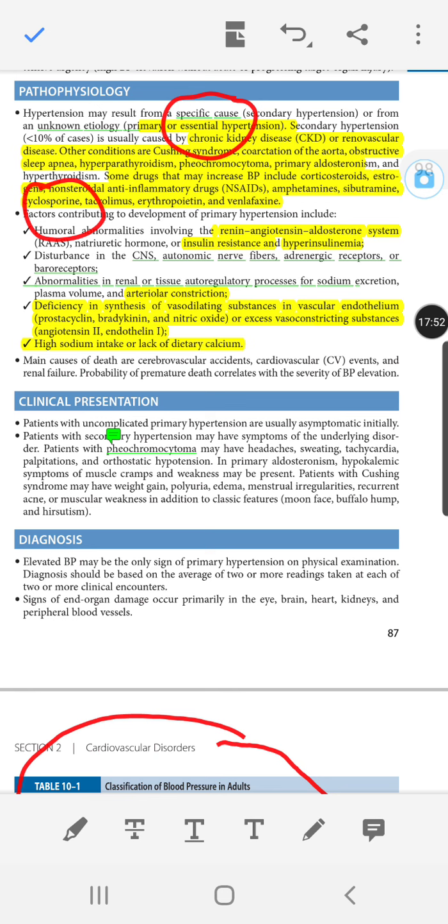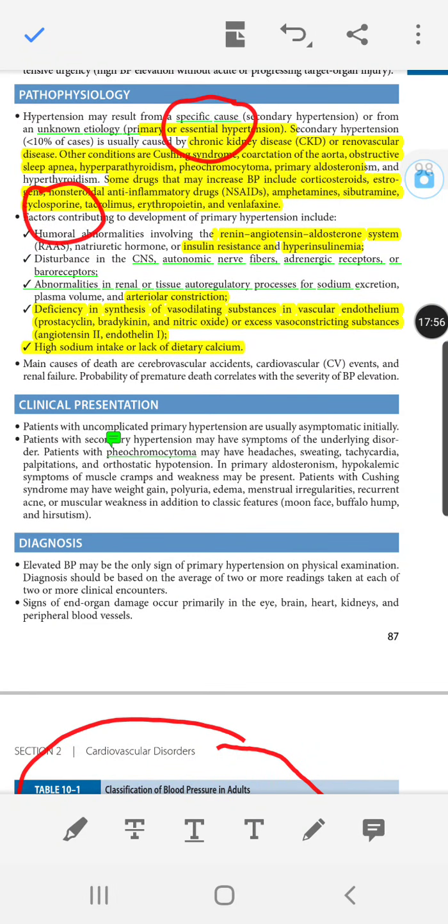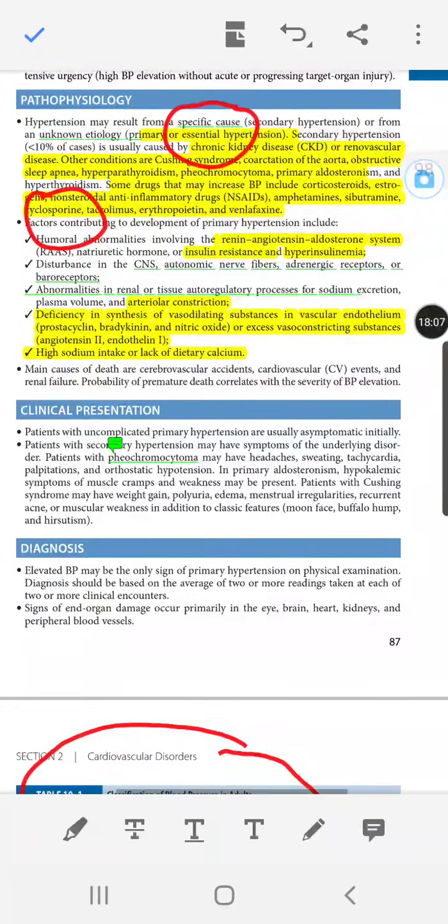So the sodium content decreases, because when the sodium intake is high, water passively enters the blood vessels and it increases the pressure, and vasoconstriction occurs and the blood pressure increases.